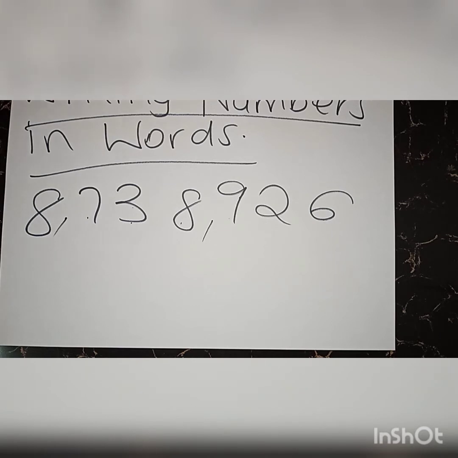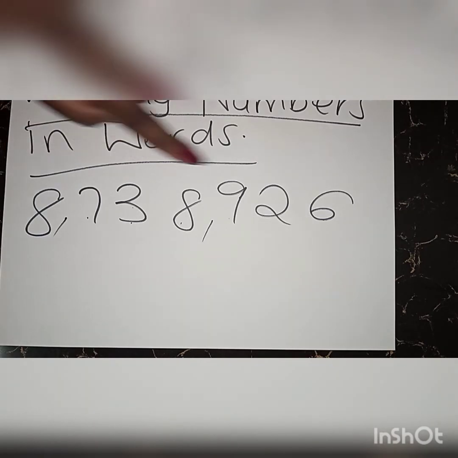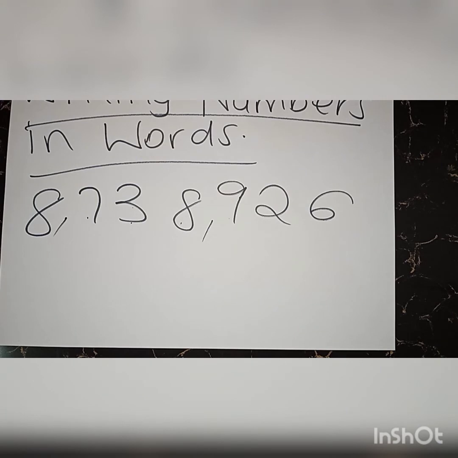Okay? And when we're writing numbers in words, we always start with the first digit. So in our case, the first digit is 8. And since we have 6 digits after 8, we'll call that 8 million.